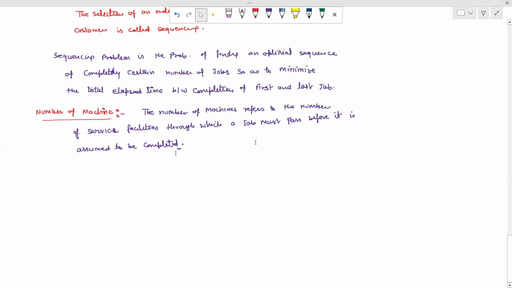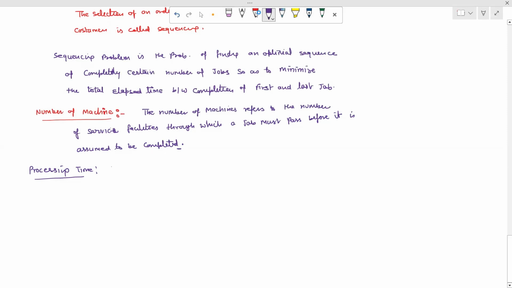Until the first machine completes its work, we do not transfer the task to the second machine. Now, the second term is the processing time. Processing time is also an important term.